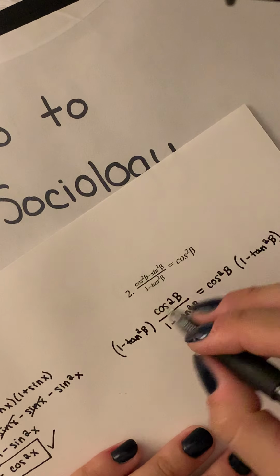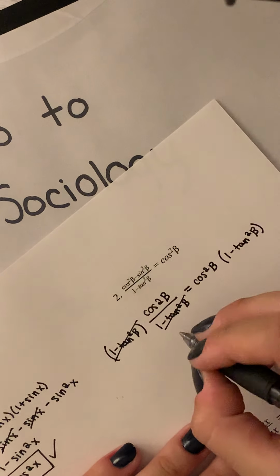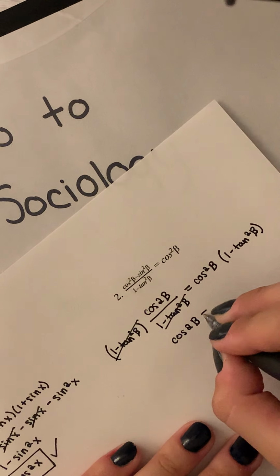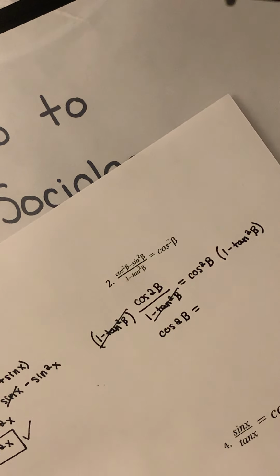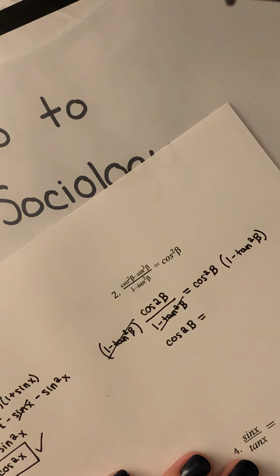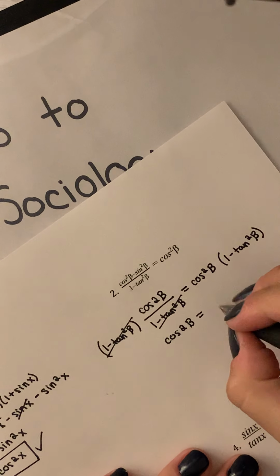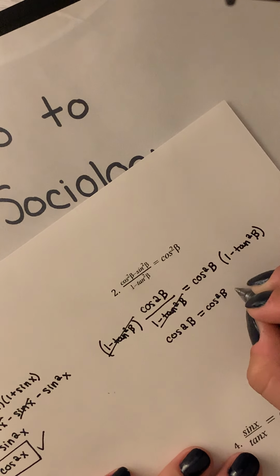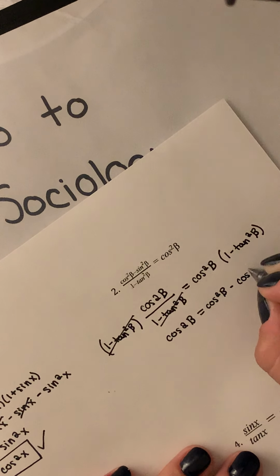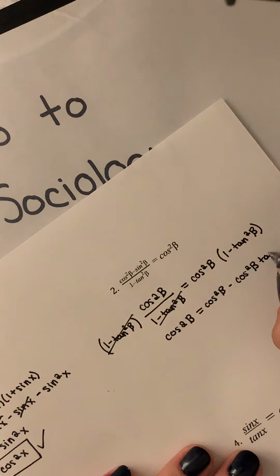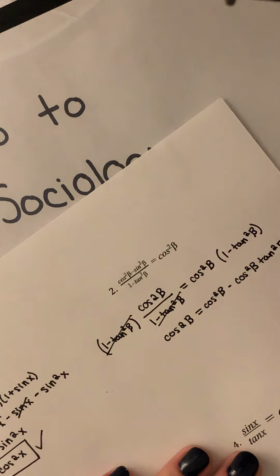So now I've multiplied by our denominator over here. Those two will cancel. Cosine 2 beta will carry down. And over here, when I multiply out and distribute, we're left with cosine squared beta minus cosine squared beta times tan squared beta.